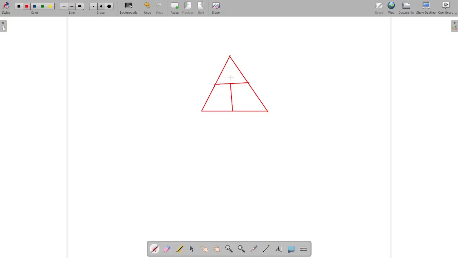The top is always D for distance. Then this is speed and time, and the order of these two is not that important. The reason we do this is because distance equals speed times time.